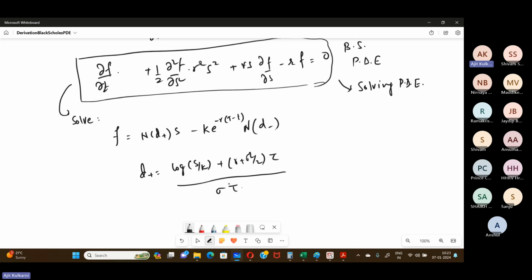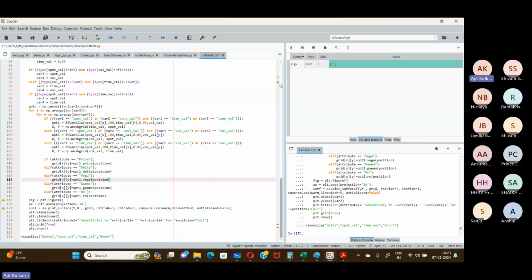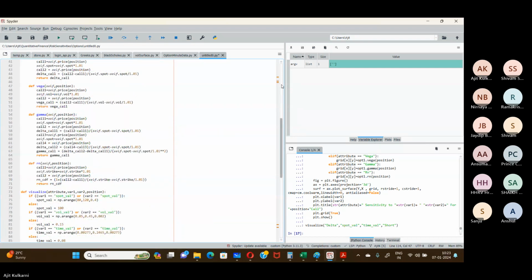So this is your d plus. N is the cumulative normal distribution of whatever number you get here, and d minus is equal to d plus minus sigma into square root of tau. All these things you will find in the script which I have shared.